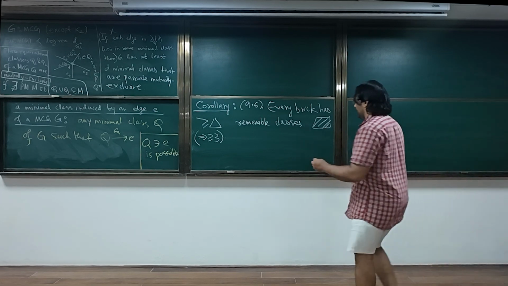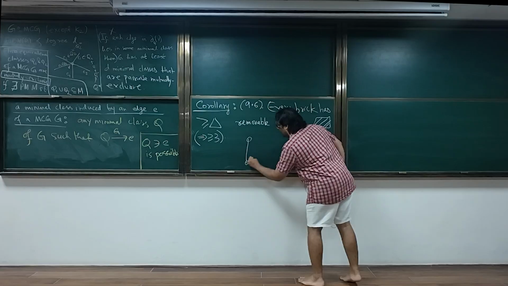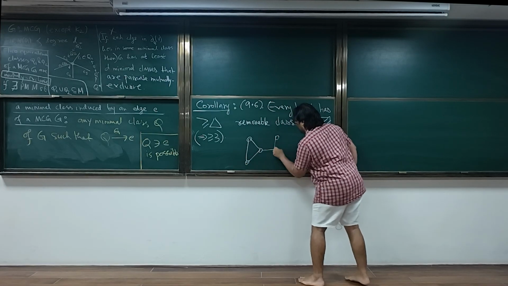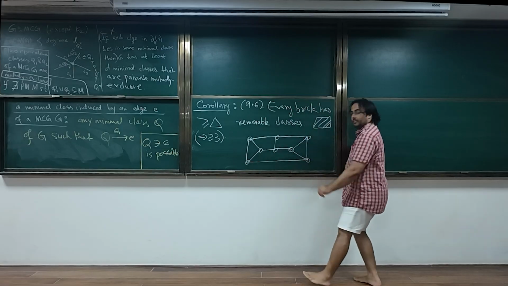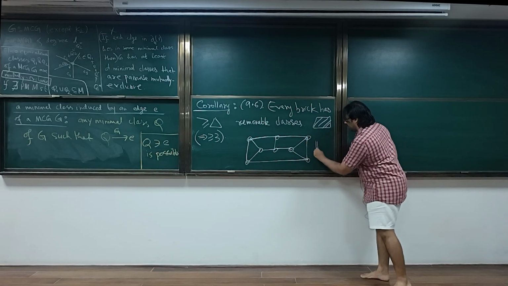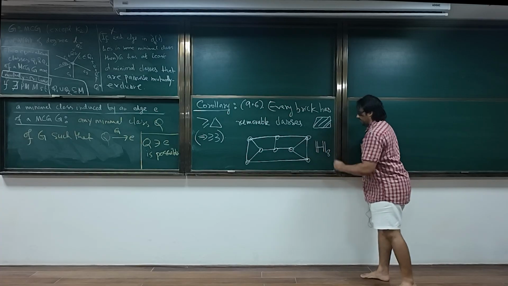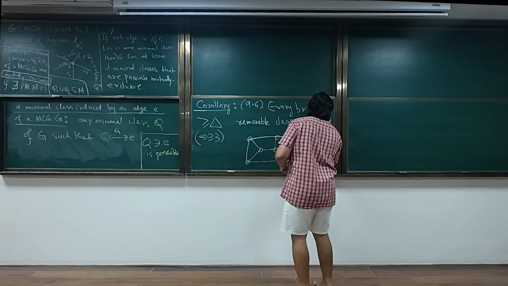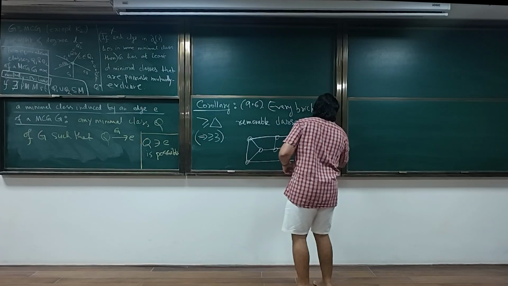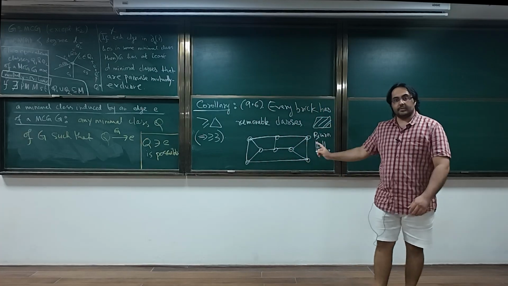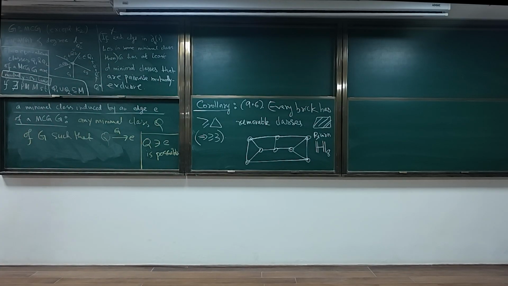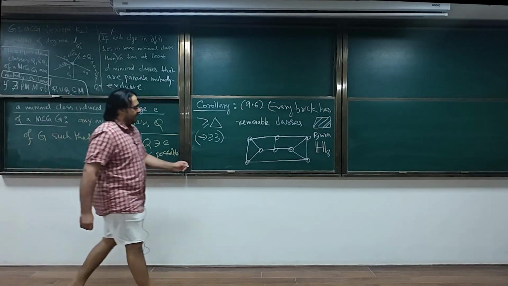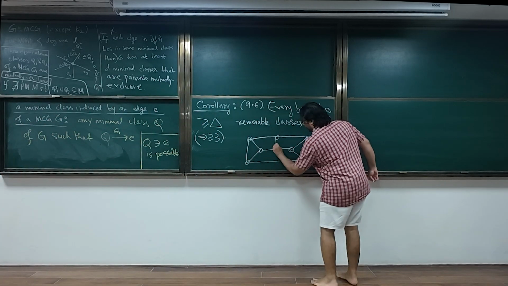But let's look at another example. This is the bicorn, also called H8 in Lucchesi and Murty. This fellow has only one removable edge, and that removable edge happens to be b-invariant. That edge is this edge.